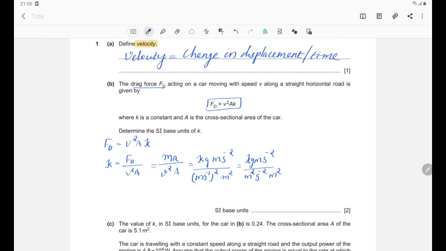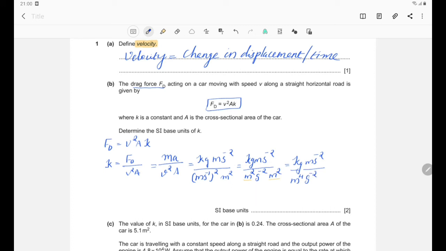Now you can combine the m squares because there are 2 m squares at the denominator, m squared and m squared. So you will get kg m s^-2 at the numerator with no change, over m^4 s^-2.